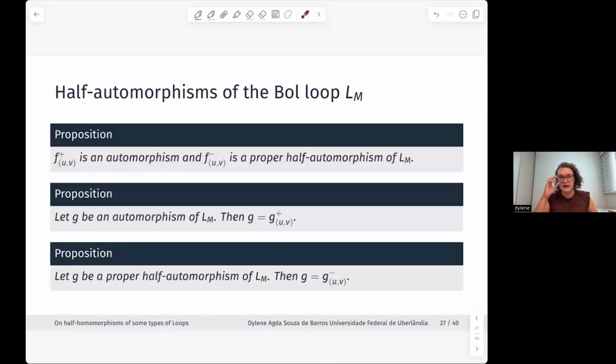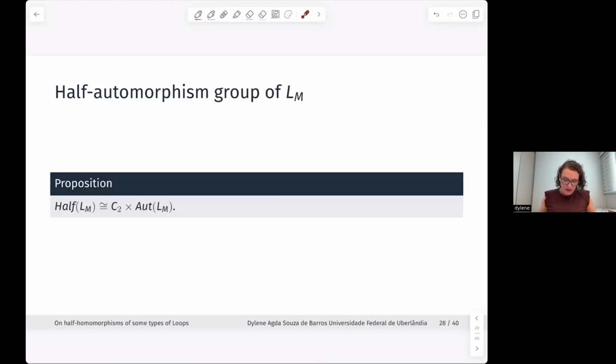So let me clarify that automorphisms are a particular case of half-automorphism. In general, we have an automorphism with a proper half-automorphism over here, okay?